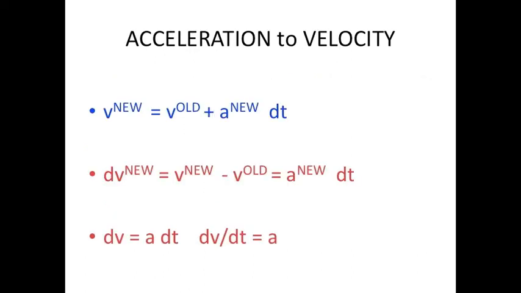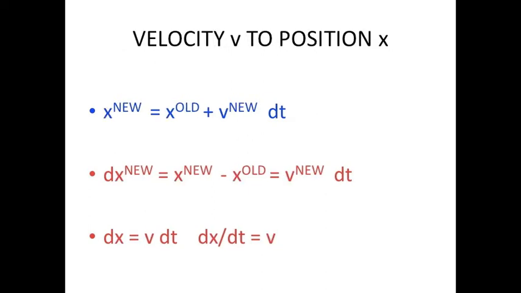Next, a new velocity, v nu, is computed from the new acceleration, a nu, by adding the increment, a nu times dt, to the old velocity, v old. This means that the velocity increment, dv, as the difference v nu minus v old, equals a nu times dt, that is dv equals a dt, or dv over dt equals a.